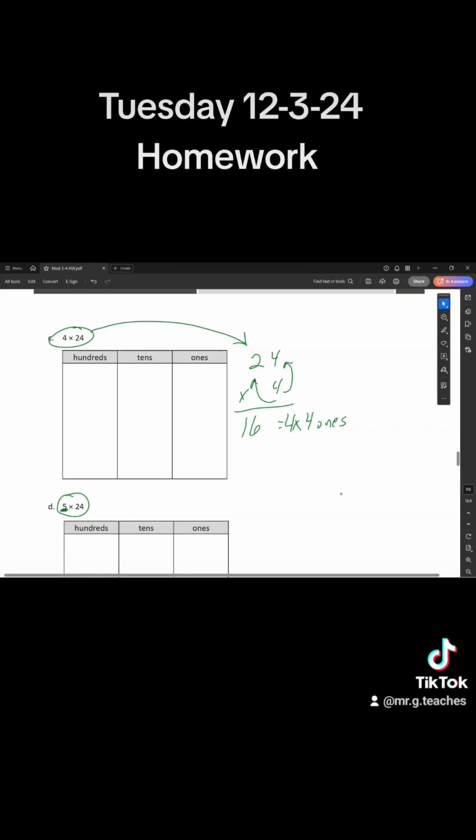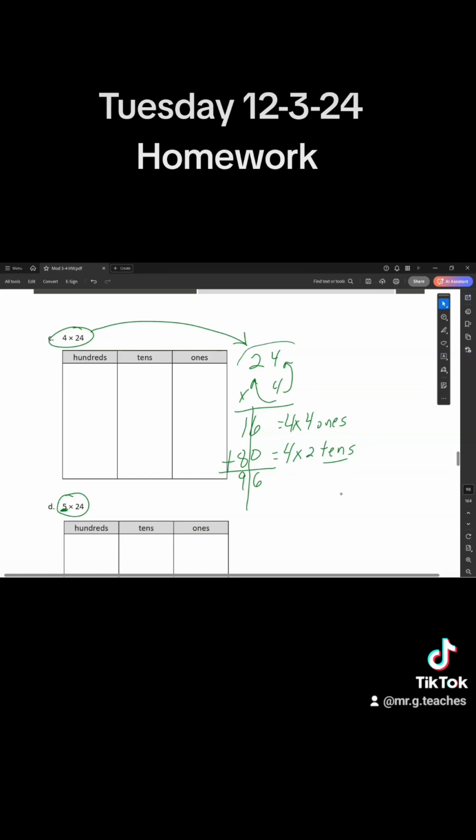Now do the tens. 4 times 2 tens. 4 times 2 is 8. Multiplying tens, I add a 0. And 96. Okay.